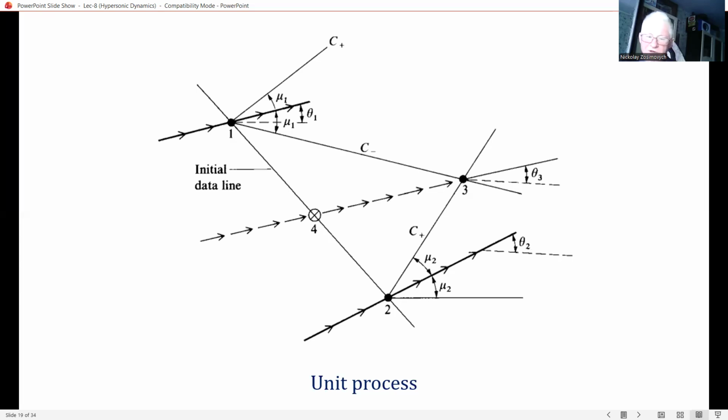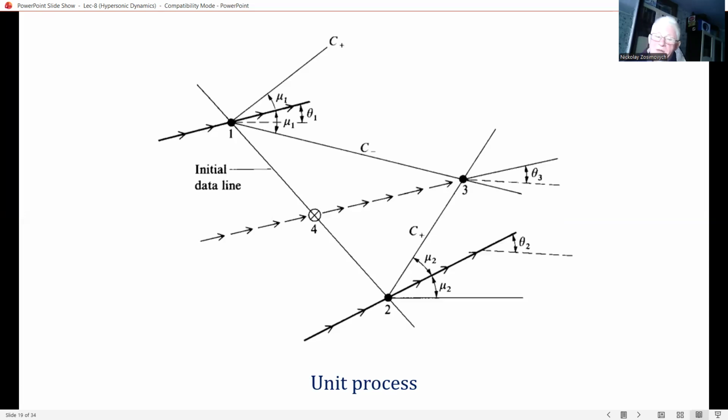Here we have points 1 and 2, which are two points of the initial data line. All flow properties, including the streamline angles theta 1 and theta 2, are known at these points.